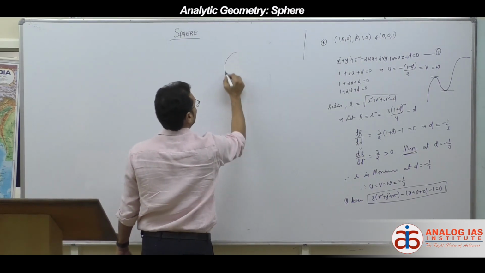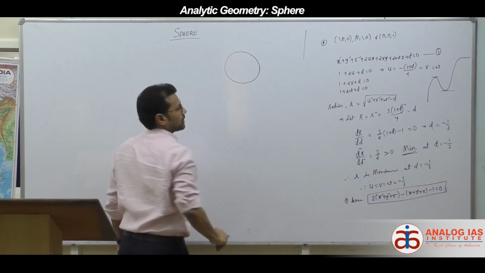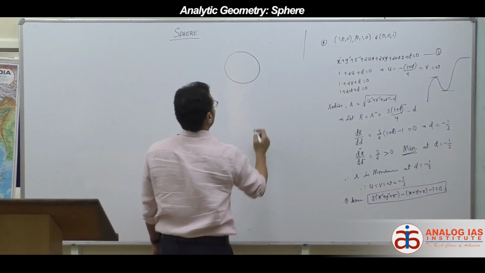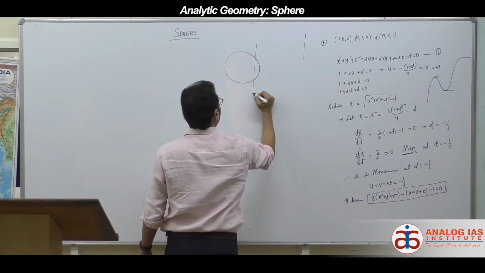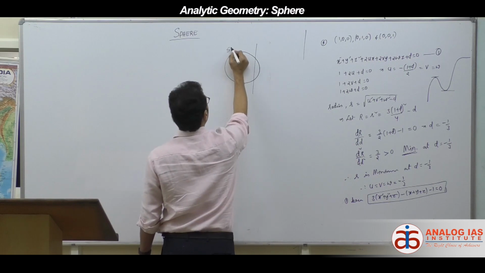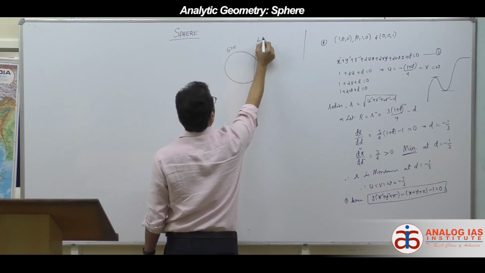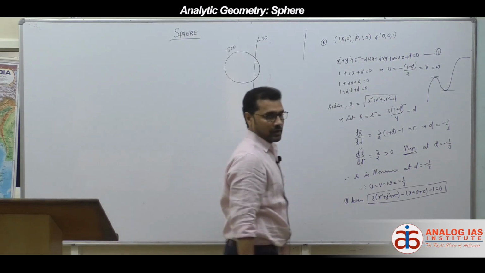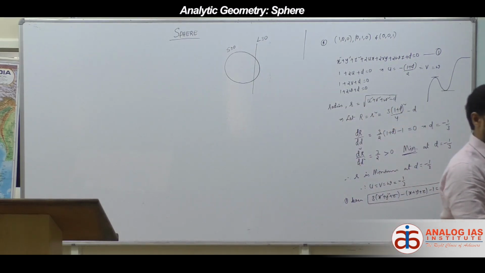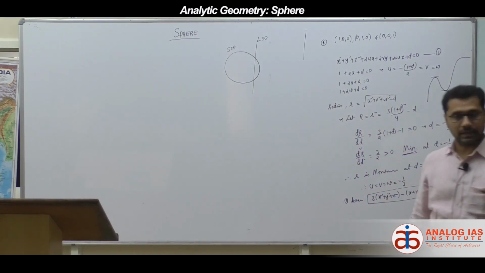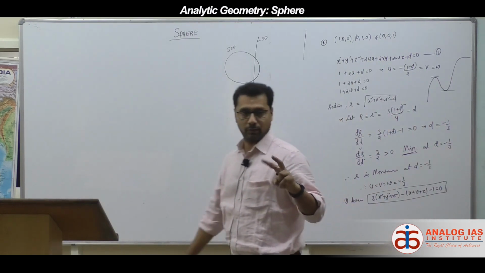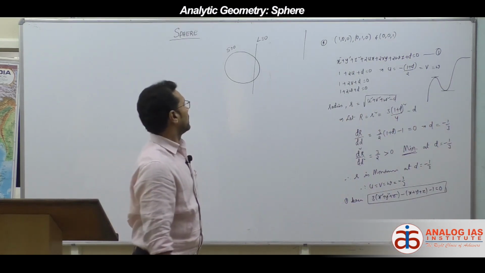suppose I have a circle. If this circle is intersected by a line, so this is S, this is line. A circle, when it is intersected by a line, it intersects at 2 points. Okay?